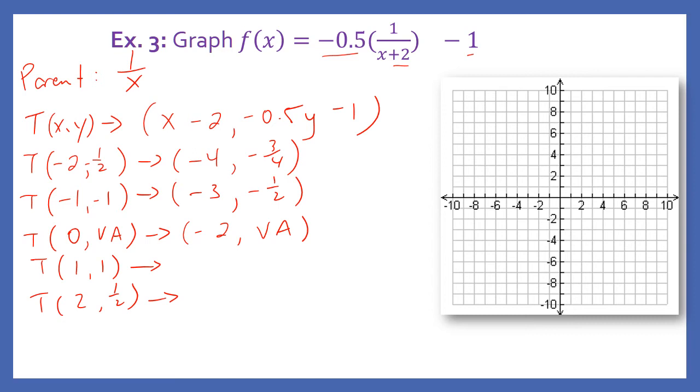So it's just still a vertical asymptote, which tells you your vertical asymptote is at negative 2. And then negative 1, negative 3 over 2. And 0, negative 5 over 4. If you got those all right, give your dog a fist bump.